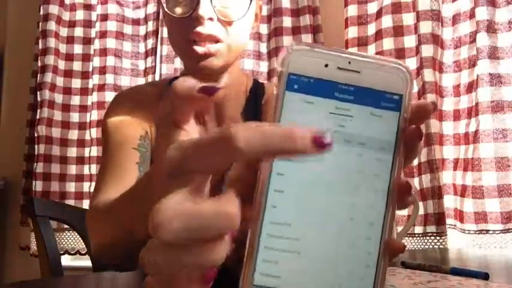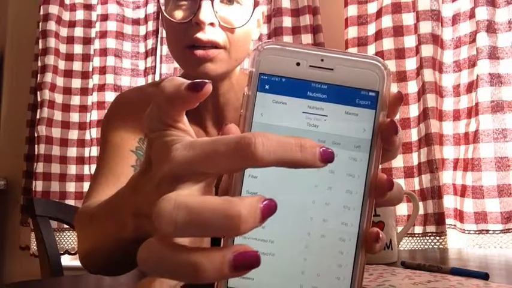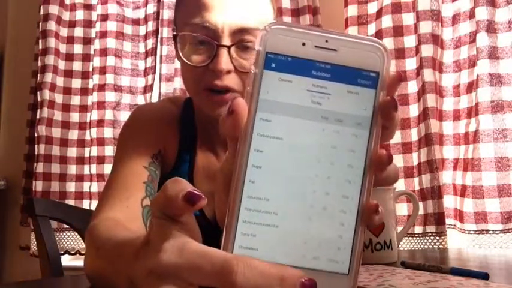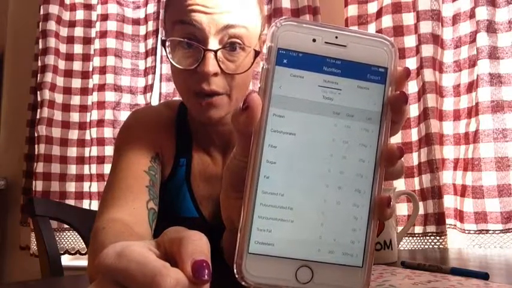Which means that the nutrients, when you touch this nutrient section where it says goals, which is that center number, they're all going to be different for each of us. That number is going to be different for every one of us. Okay? So this is how we are going to determine what we need to go shopping for.